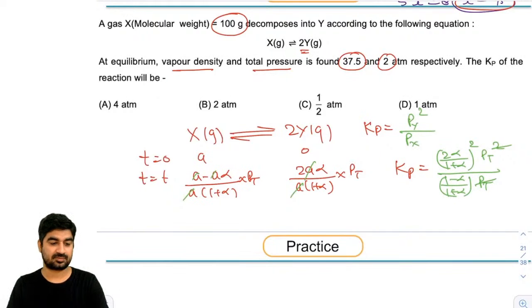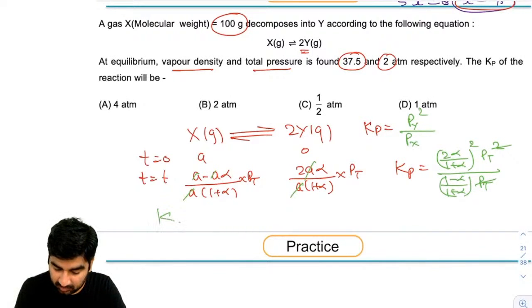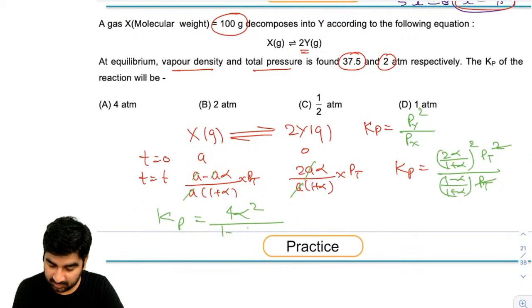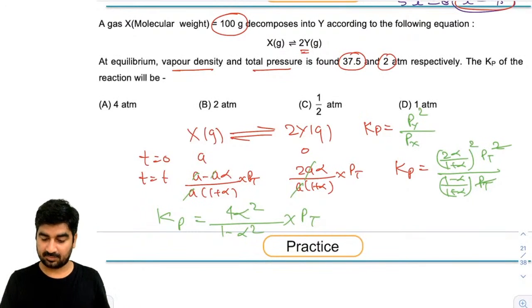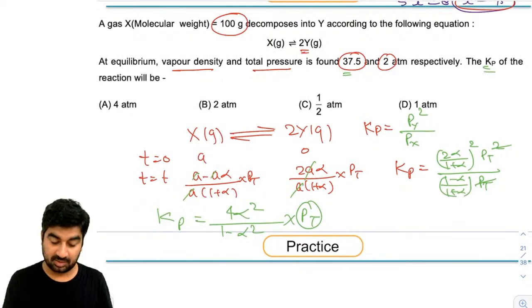Are you getting it? And if you are getting it, guys, Kp will be equal to 4 alpha square over 1 minus alpha square into P total. So vapor density you are given, just leave it now. Total pressure you are given, calculate the Kp.